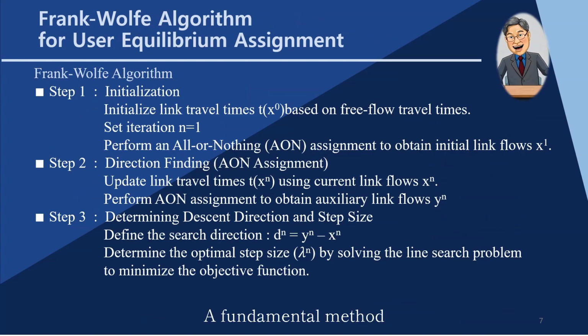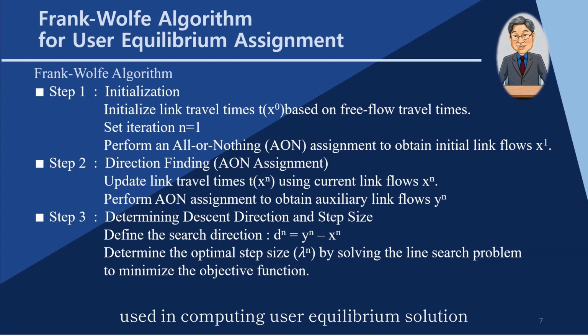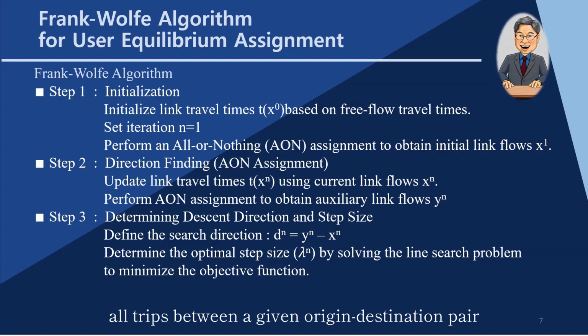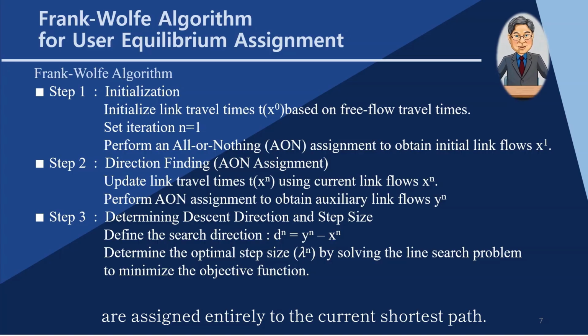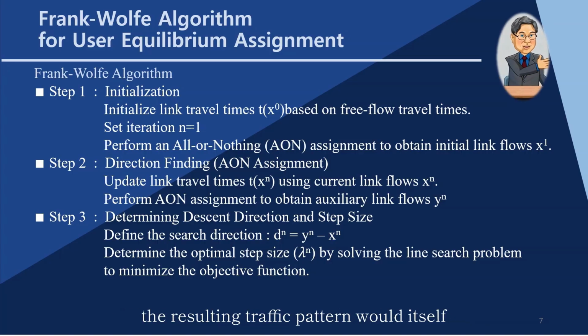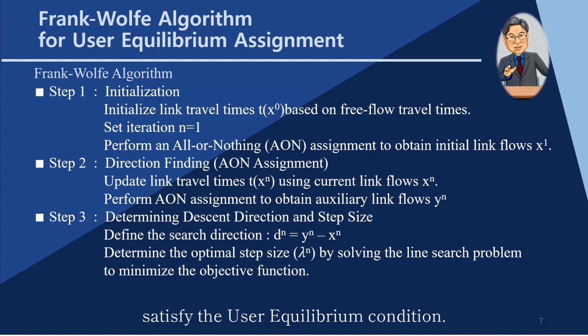A fundamental method used in computing user equilibrium solution is the all-or-nothing assignment. In an all-or-nothing assignment, all trips between a given origin-destination pair are assigned entirely to the current shortest path. If highway capacity constraints did not exist, the resulting traffic pattern would itself satisfy the user equilibrium condition.